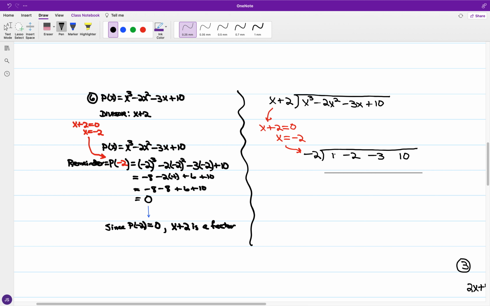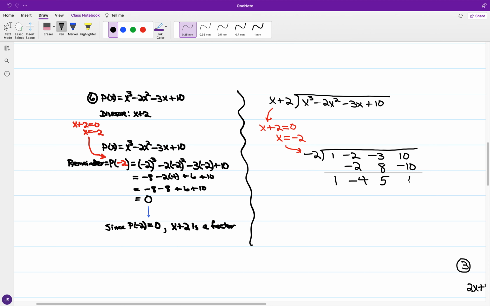So 1 is the leading coefficient from the dividend. This will be brought down. Then we have negative 2 times 1 is negative 2. Negative 2 plus negative 2 is negative 4. Negative 2 times negative 4 is 8. Negative 3 plus 8 is 5. Negative 2 times 5 is negative 10.